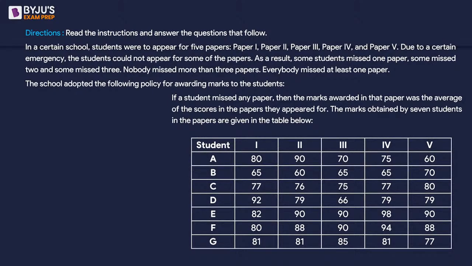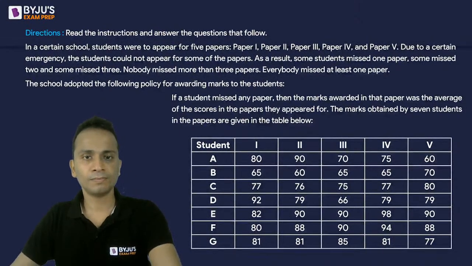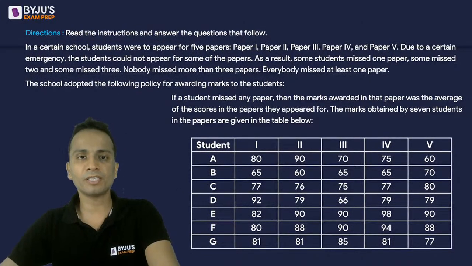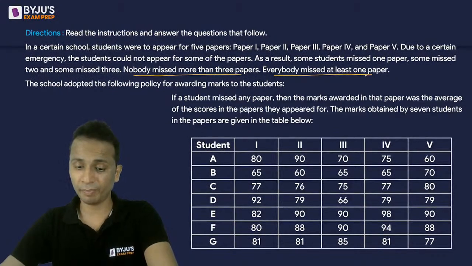The table will be given on the second slide. Now, just mark some important pointers here. Nobody missed more than three papers. Everybody missed at least one paper.